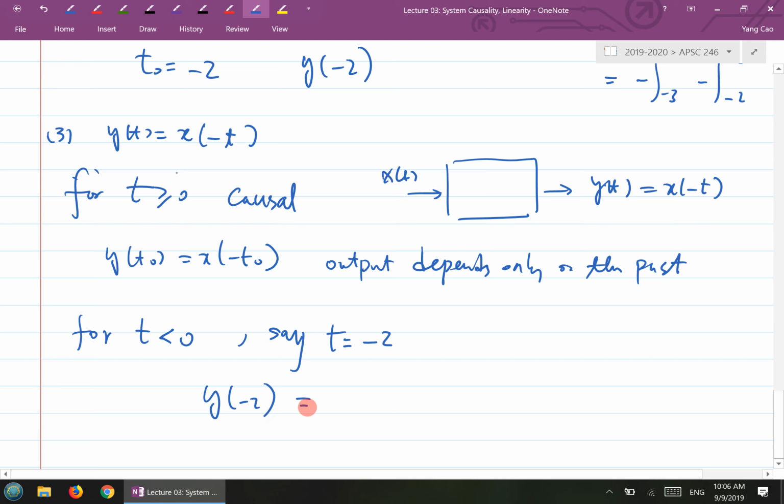According to the given system, that should be x of 2. So you look at this final connection here: the current output depends on the future input now. That's why at this stage this is non-causal.